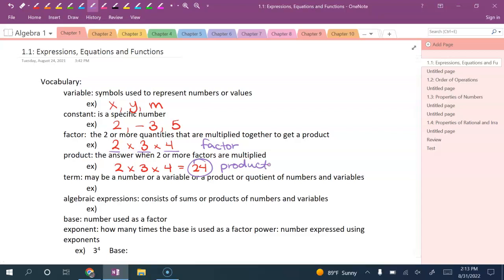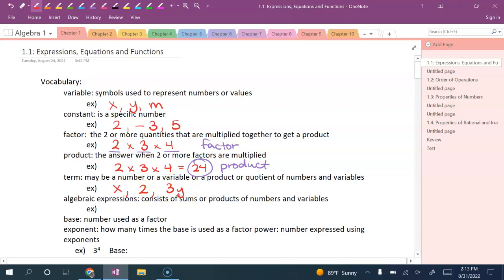So the product would be the number that you get, or the answer that you get, after you multiplied your factors together. Now a term could be a number, or it could be a variable, or it could be the combination of those two things by multiplying them or dividing them. So terms can look a lot of different ways, but you might have something like just X, or you might have just a number like 2, or you might have a combination like 3Y.